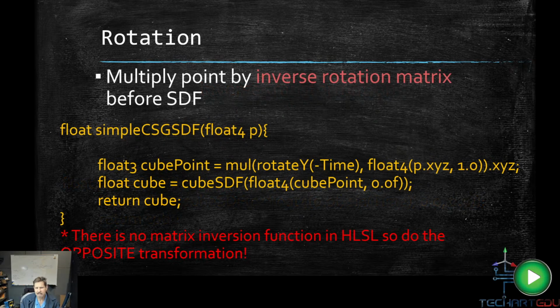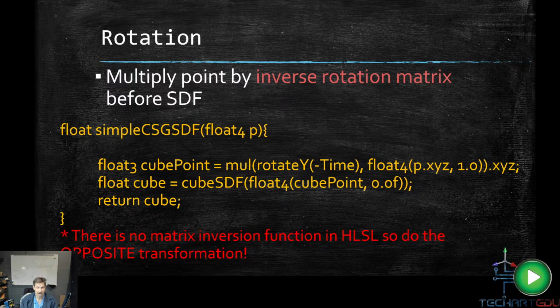Now, rotation is a little bit more dicey because you can't just add a rotation. What you have to do is multiply the point by the rotation matrix. A long time ago, I gave you the formulas for the rotation matrices.